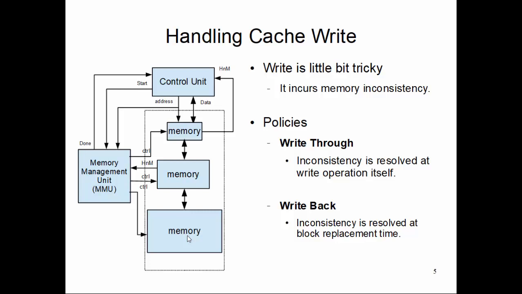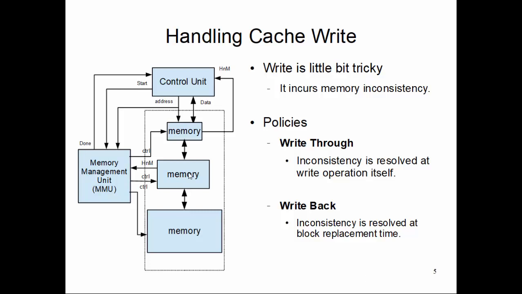Now we can follow two different approaches. One is called the write through approach, where inconsistency is resolved at the write operation itself. That means not only are we writing on the L1 block, we are writing the same content to the L2 cache on the same block if present.